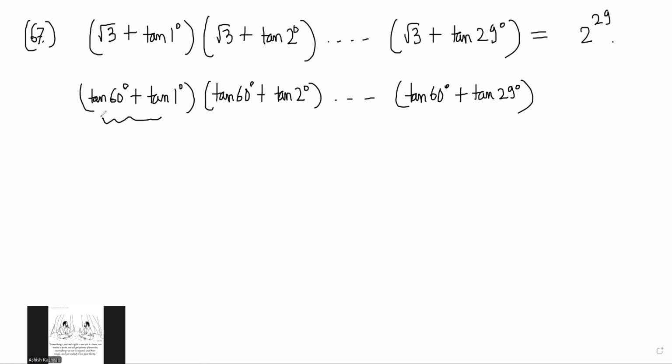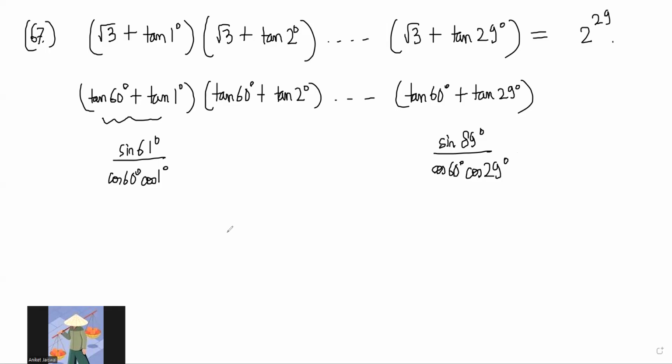If you simplify this, you are getting sin 60 cos 1 plus cos 60 sin 1, so it will become sin 61 by cos 60 cos 1. Then I simplified the last term, tan 60 plus tan 29. So it will become sin 89 by cos 60 cos 29.